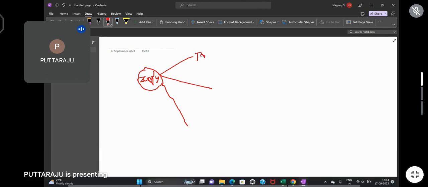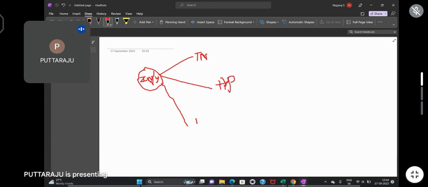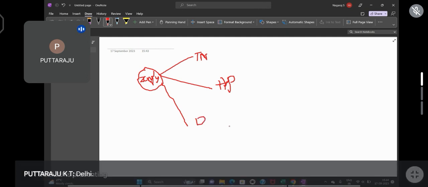Assume, in Tamil Nadu, in Andhra Pradesh, and Delhi. It has 3 branches. I will take 2 or 3 examples.